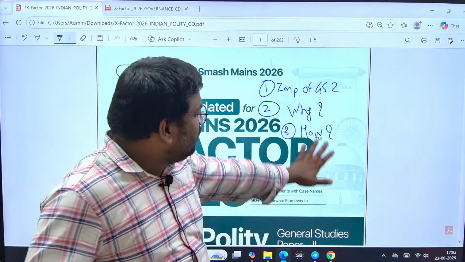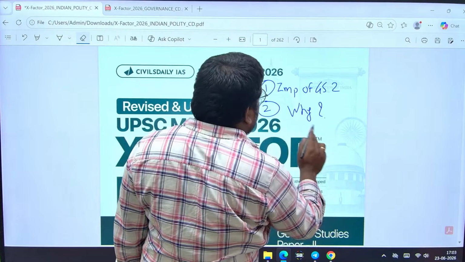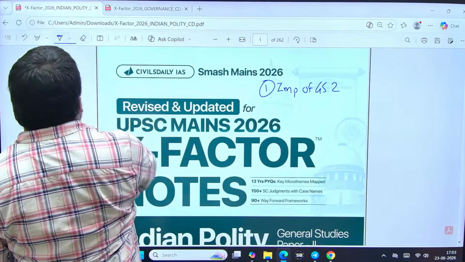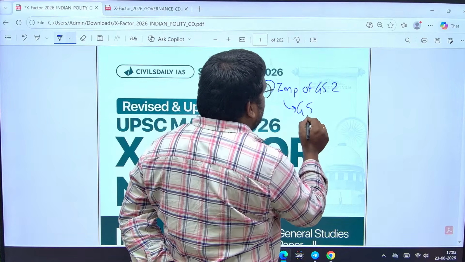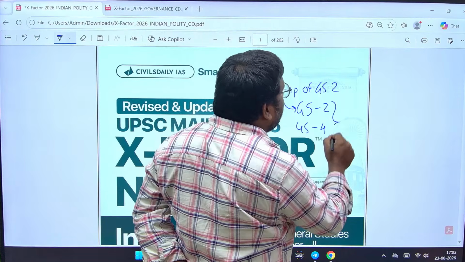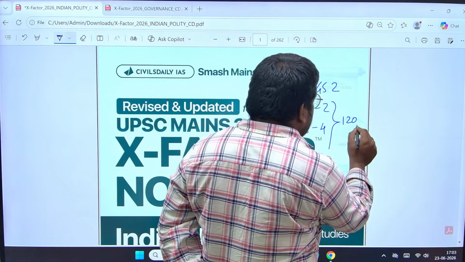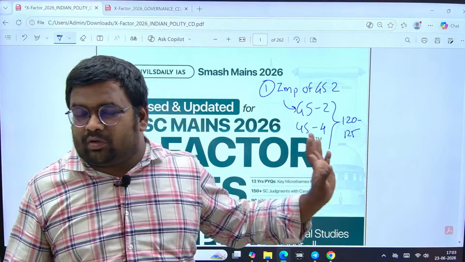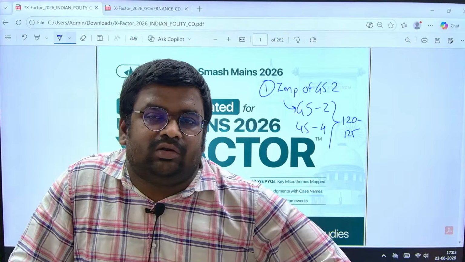So let's start with the first question, the importance of GS paper 2. Out of the 4 GS papers, there are only 2 papers, GS paper 2 and GS paper 4, where you have a very realistic chance of crossing 120 or even 125. Because in GS paper 1, 120 is the maximum you can think of.